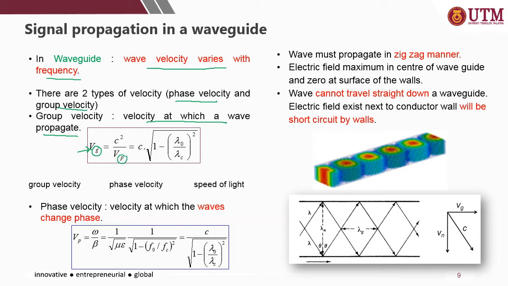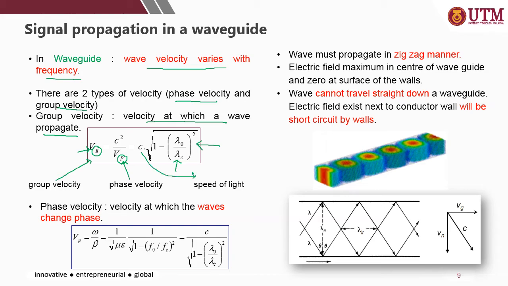Vp here is the phase velocity, and it can also be calculated by using this. Lambda naught is the free space wavelength, while lambda c is the cutoff wavelength of the structure. So this is group velocity, phase velocity, and c is the speed of light.